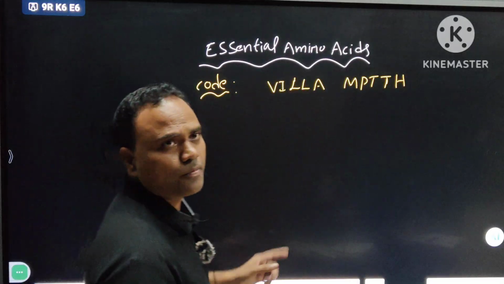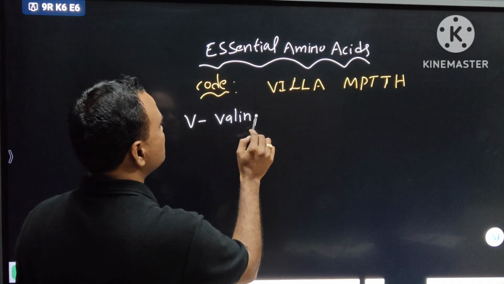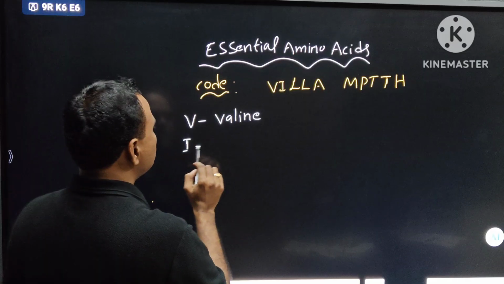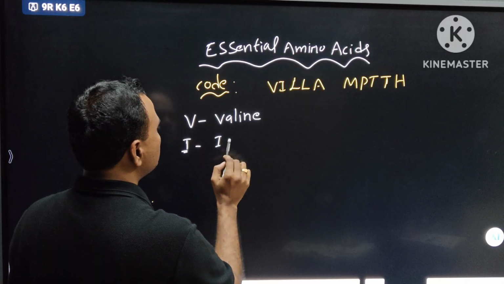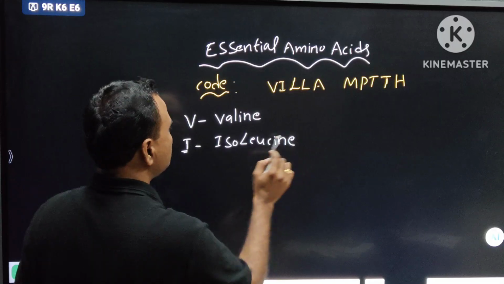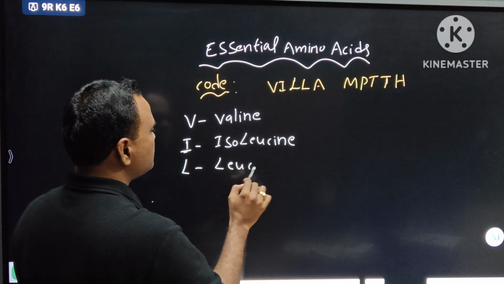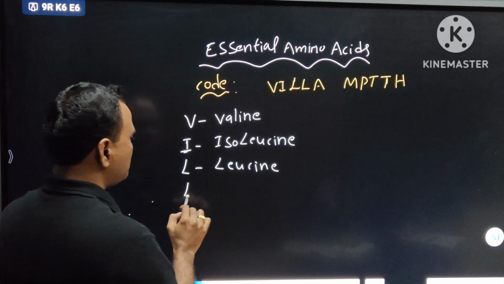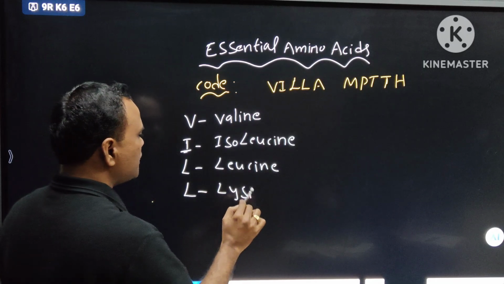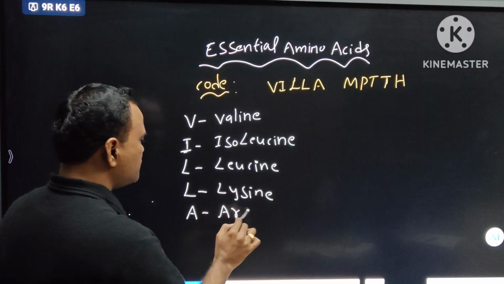See the names. V stands for valine. I stands for isoleucine. Next, leucine, lysine, arginine.